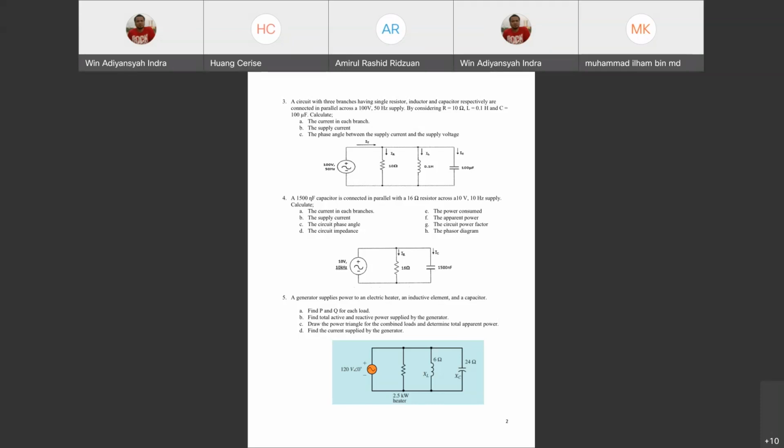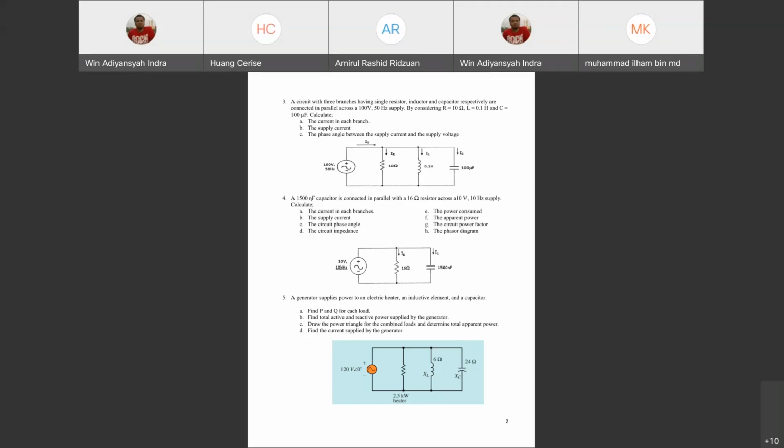Remember the characteristic of parallel connection? The voltage for each branch equals the voltage of the supply.